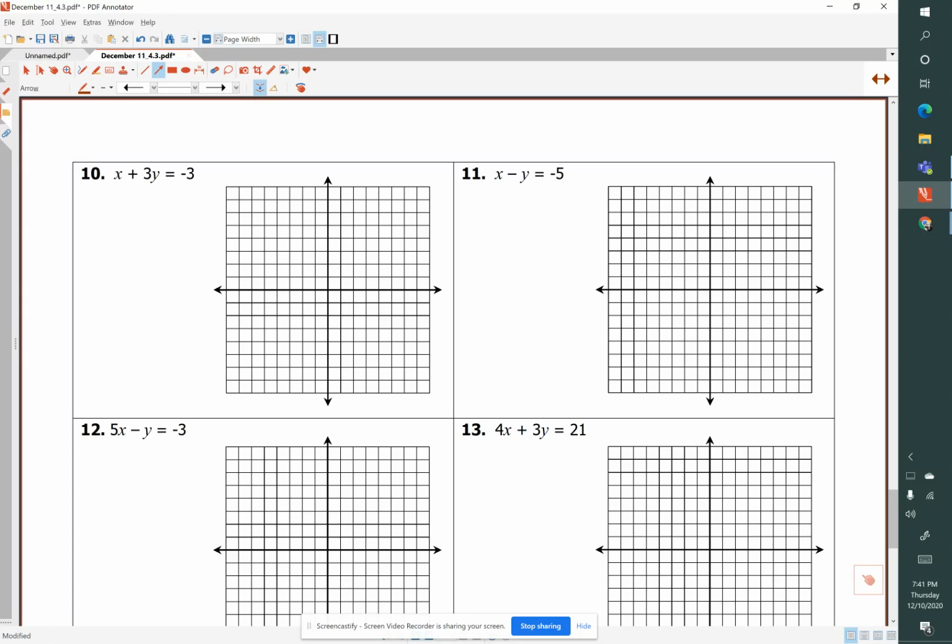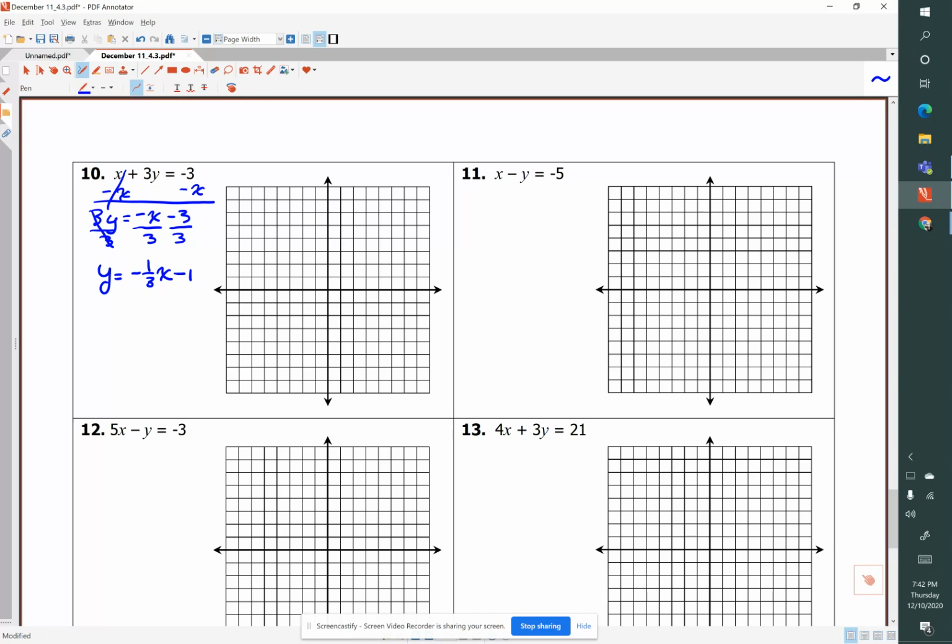Now, the problems on the second page, 10 through 17, require us to put these in slope-intercept form. So let's get started with that. We'll subtract x from both sides. Let's change the color. And then we have 3y equals negative x minus 3. We have to divide everything by 3, which leaves us with y equals negative 1/3 x minus 1.